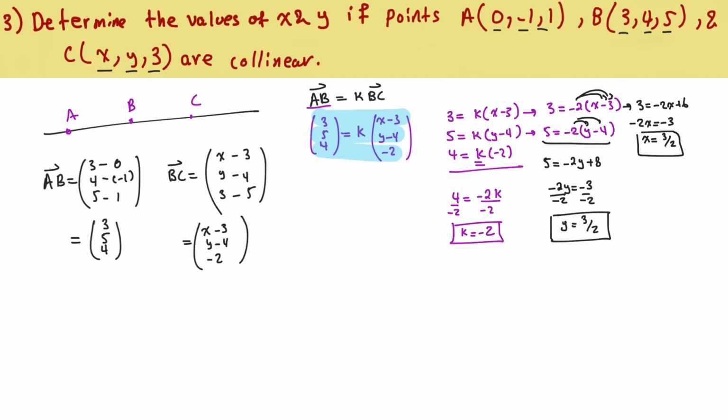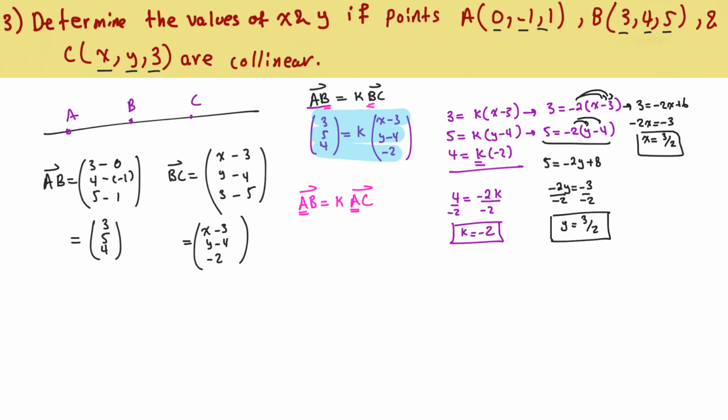Note that this question could have also been done in this exact same way if we had chosen to use vector AB equal to a scalar multiple of vector AC. In this case, point A would be shared. In the previous case, point B was being shared.